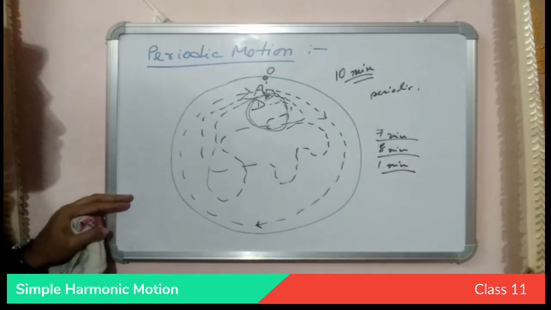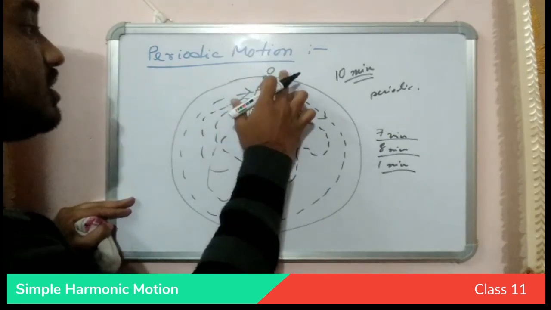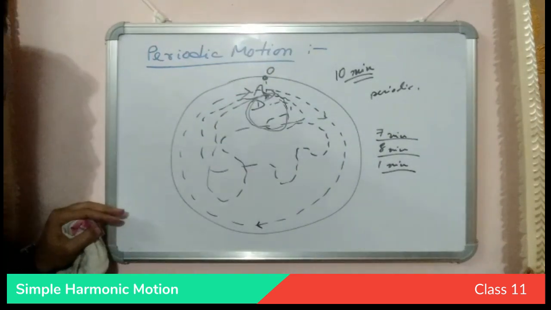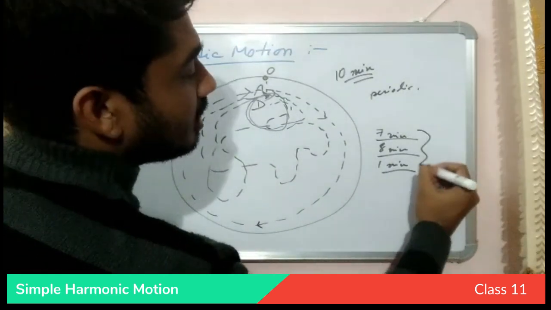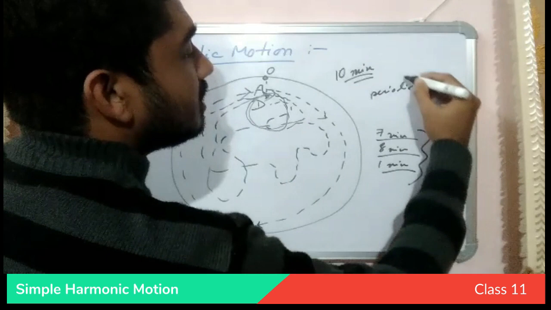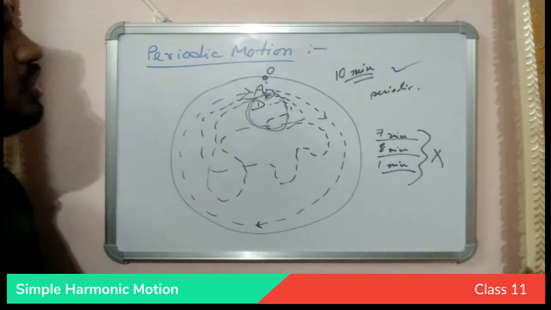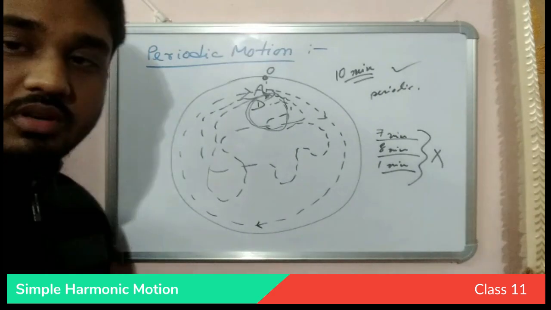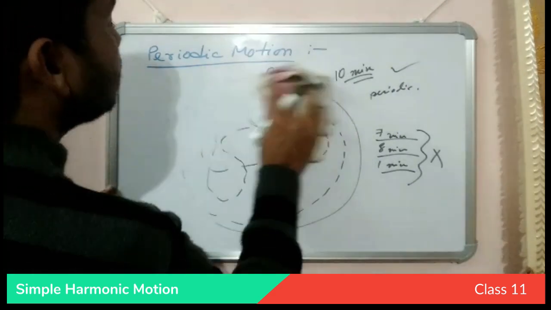So the dog is also reaching the point O, but not in the same time interval. So this is not periodic, but the runner's motion is periodic. This is the difference between periodic motion and aperiodic motion.